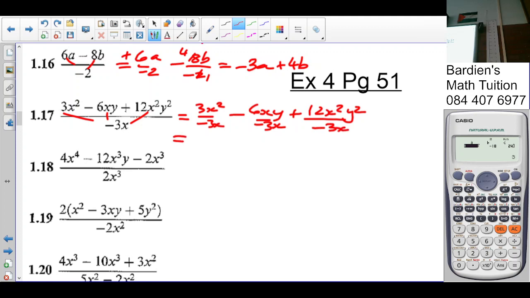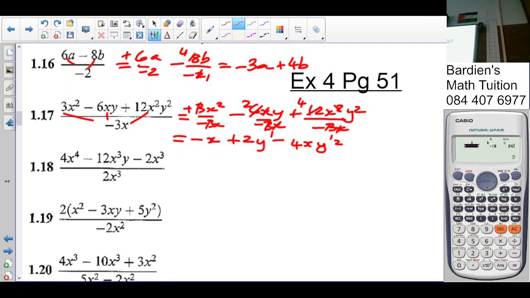You all got that? Positive divided by negative is negative. 3 is cancelled. x squared over x is x. Negative divided by negative is positive. 3 goes into 3 once and into 6 twice. The x's cancel. y. Positive divided by negative is negative. 3 goes into 3 once, into 12 four times. x cancels with one of those, so it's xy squared.